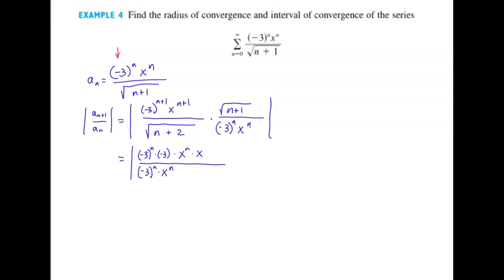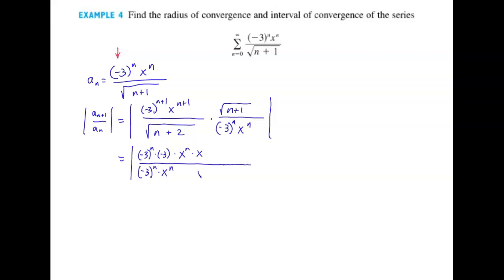And rather than write this as division, I'm going to immediately flip and multiply. So then I'd have root n plus 1 over negative 3 to the n x to the n. Okay. So then this is now negative 3 to the n times negative 3 times x to the n times x over negative 3 to the n times x to the n.